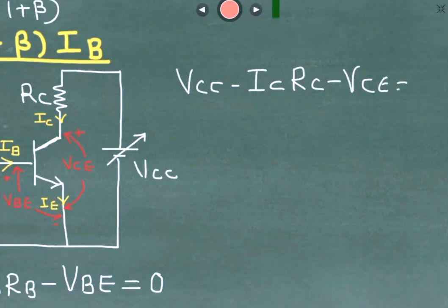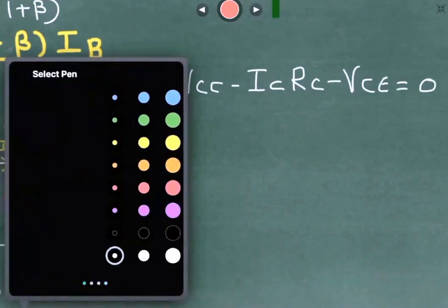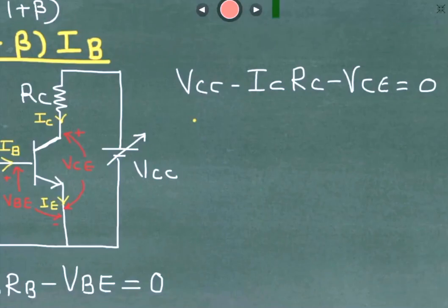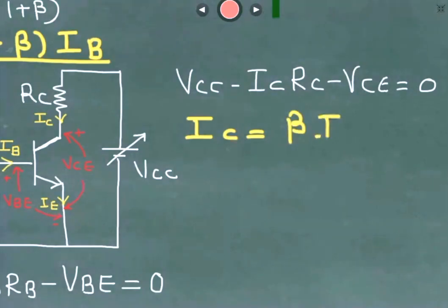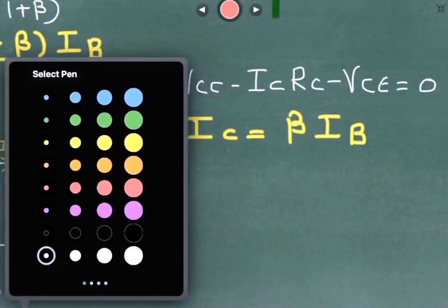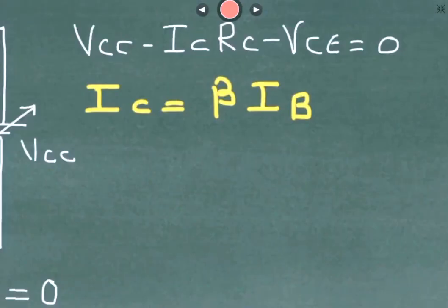Before you deal with this equation, you will need to calculate the value of IC. It can be given that the value of IC is equal to beta into IB. So this will help you calculate the value of IC. Now you can start once again working with this particular equation.